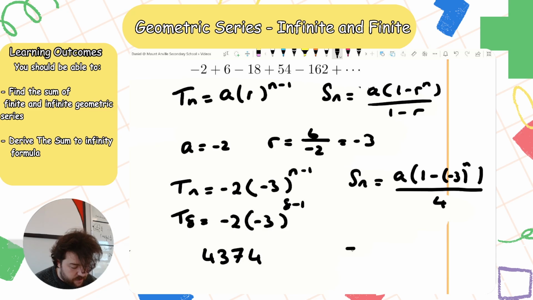And then the sum of the first 9 is going to be, let's say a here is equal to minus 2, so minus 2 times 1 minus negative 3 to the power of 8, all over 4.